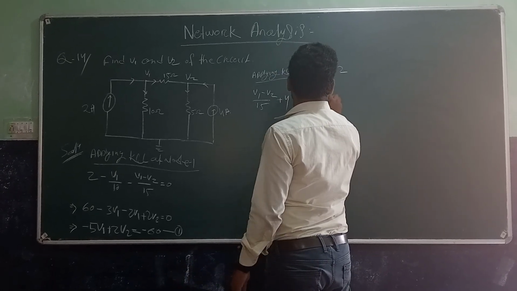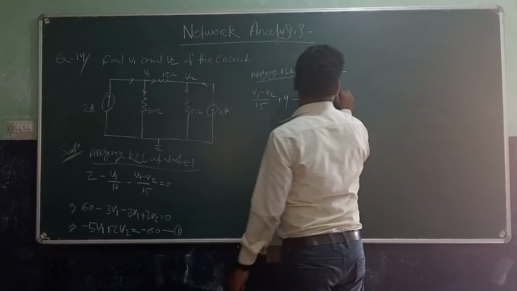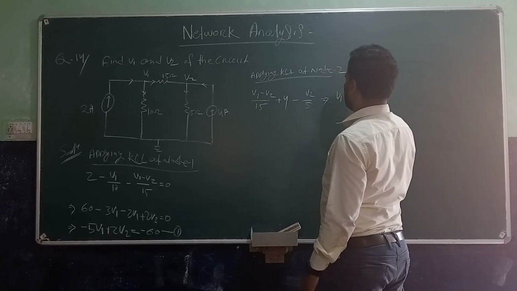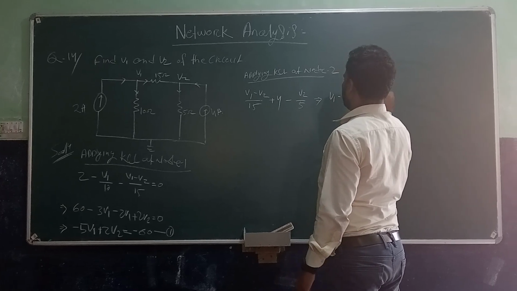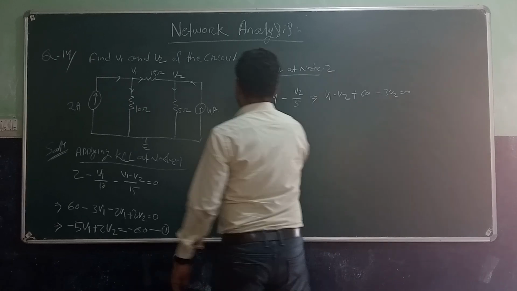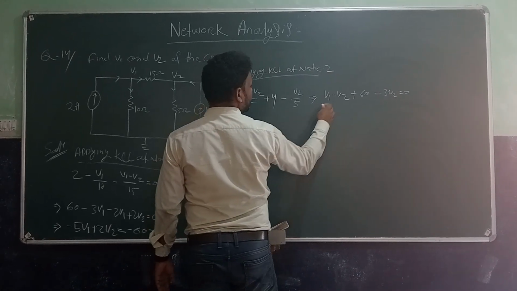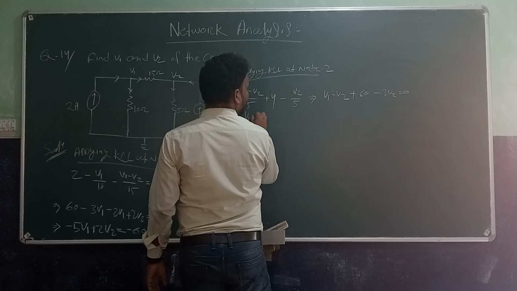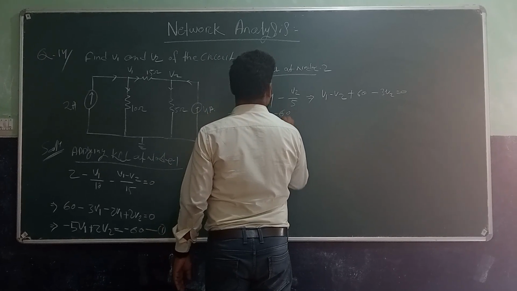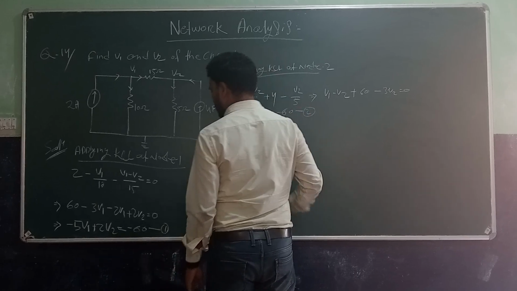So taking 15 LCM, V1 minus V2 plus 60 minus 3V2 equals to 0. Then write it: V1 minus 4V2 equals to minus 60. This is equation 2.